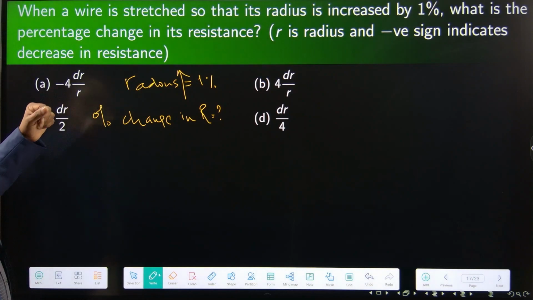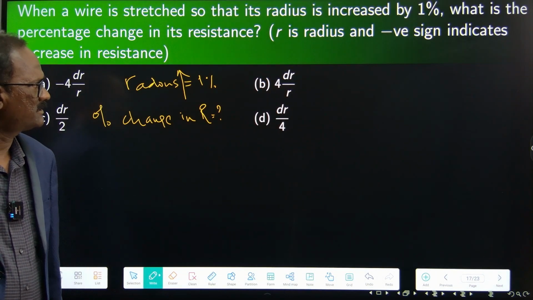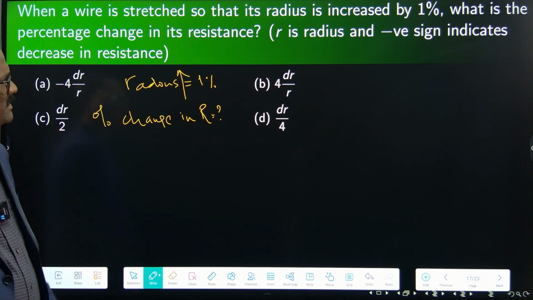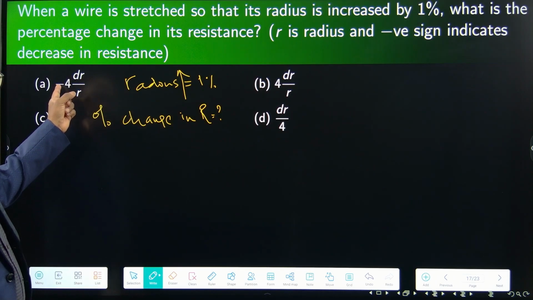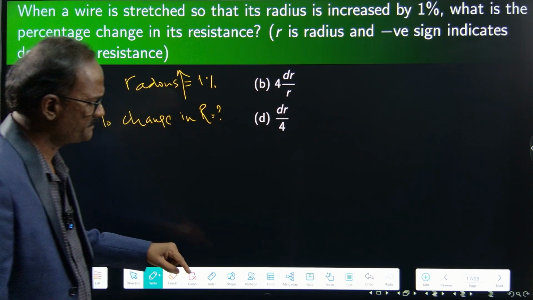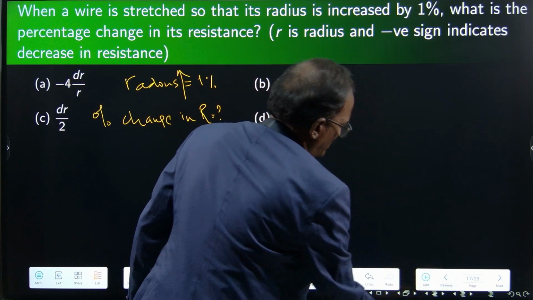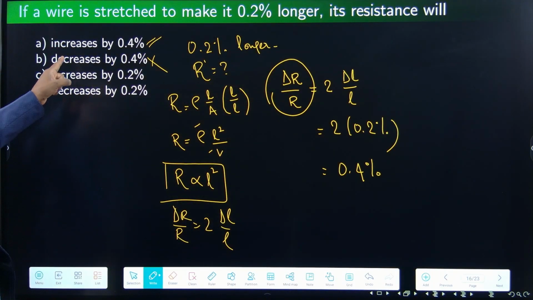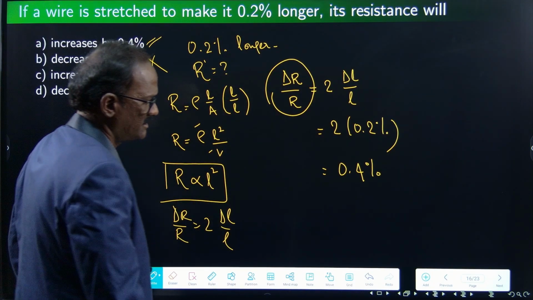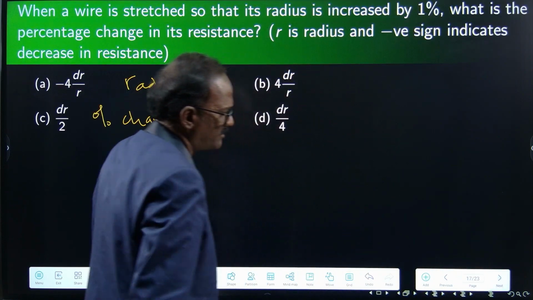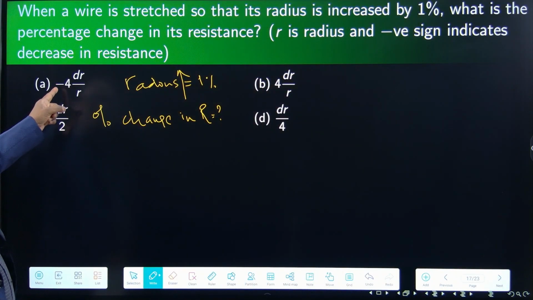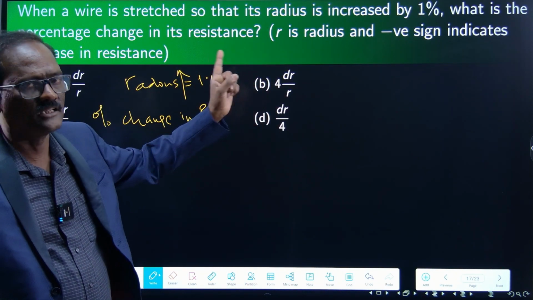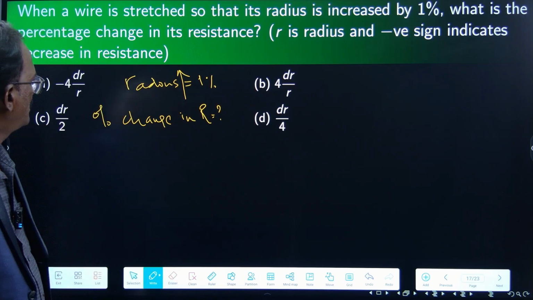In the options there is a negative sign, so they are specifically telling that the negative sign indicates decreasing. In the previous problem it was in terms of words: increases, decreases. In this problem, this is decreasing, this is increasing, this is increasing, and this is increasing.